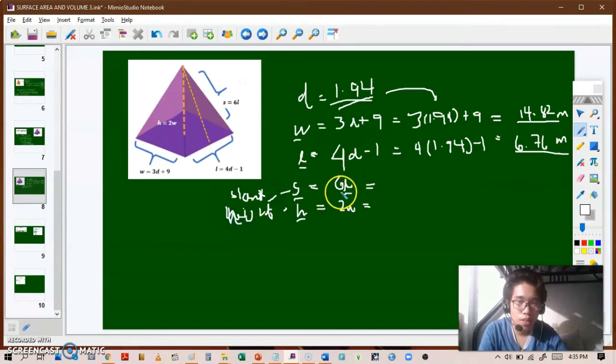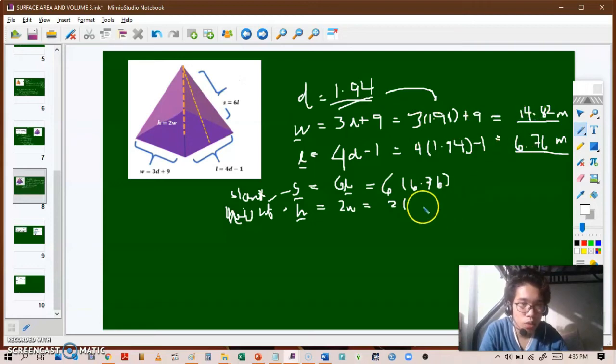The slant height will be 6L, and the height of the pyramid is 2 times the width. So we multiply 6 times the length, which is 6.76, to get the slant height, and 2 times the width, which is 14.82, for the height or altitude of the pyramid.